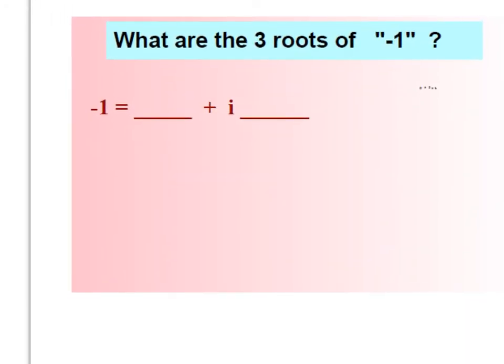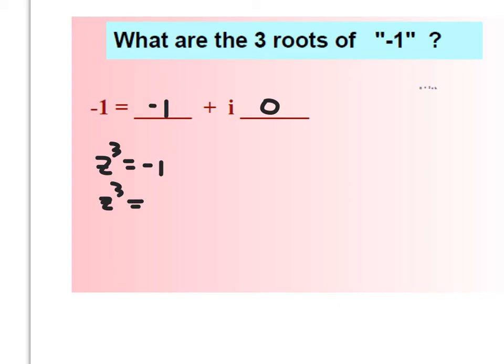Okay, what are the 3 roots of negative 1? Well, negative 1 is technically a complex number. It just has 0i as its imaginary portion. So if I wanted the 3 roots of negative 1, the first thing I would want to do is put this in cis form, because then I can use De Moivre's theorem.